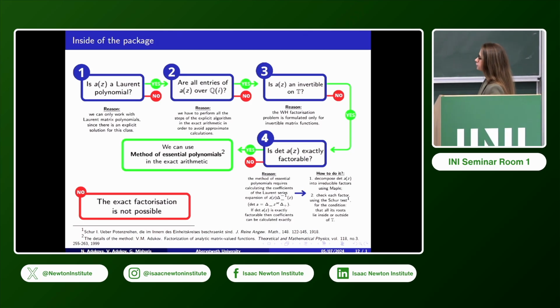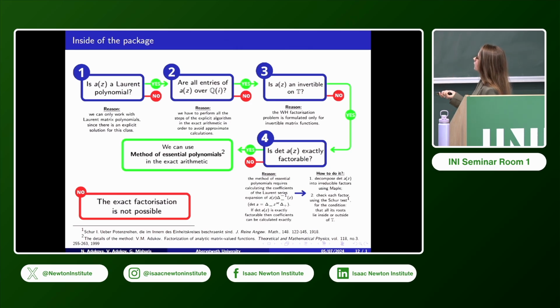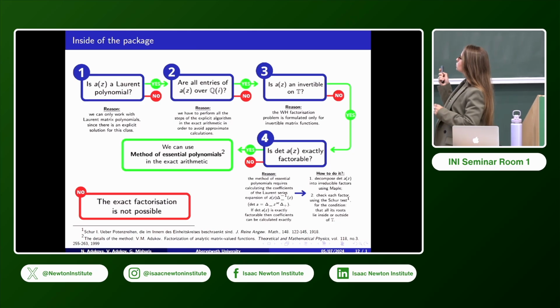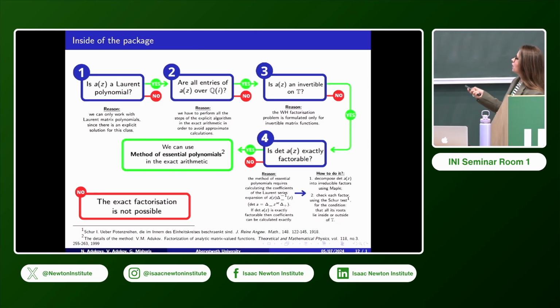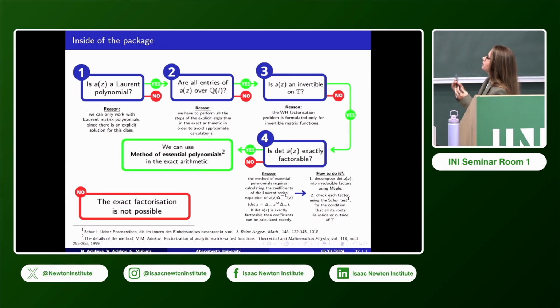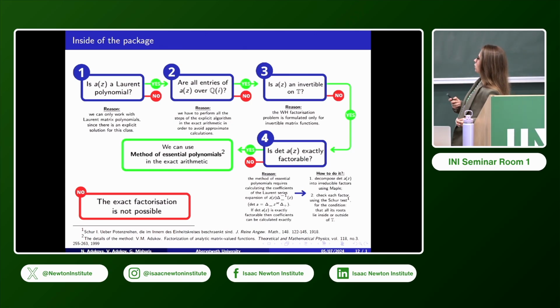And the last one: the determinant should be exactly factorable, because the calculation of the coefficients requires computations. So if the determinant is exactly factorable, then these coefficients can be calculated exactly.